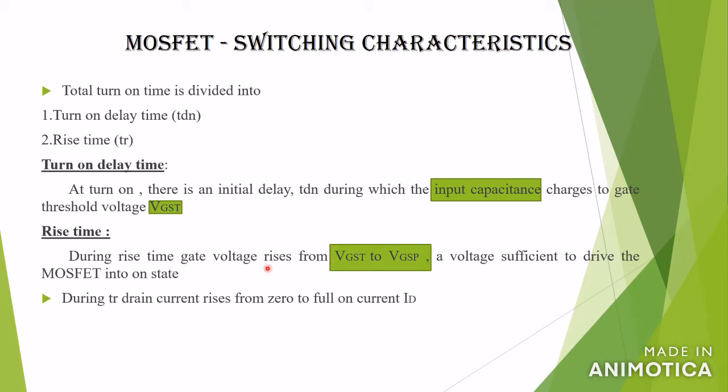During this rise time, the drain current will start rising from 0 to its full current ID. This ID is the current which will flow through the device when the device is said to be in on state. Now the turn on time is given by the sum of turn on delay time and rise time.